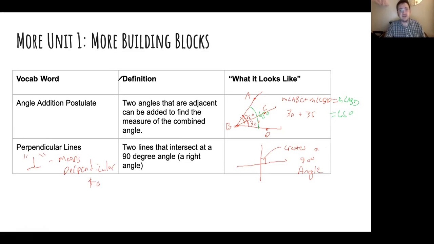All right. So those are some common building blocks that you're going to see in proofs. And we can use these things to create congruent angles and stuff like that.